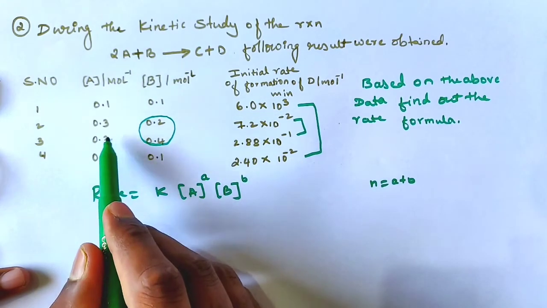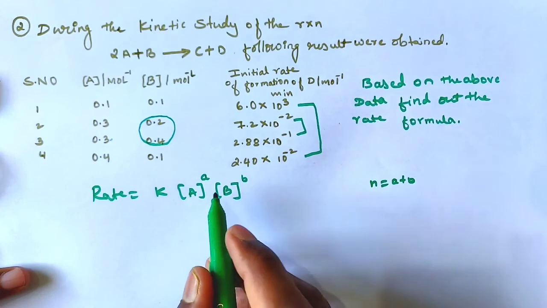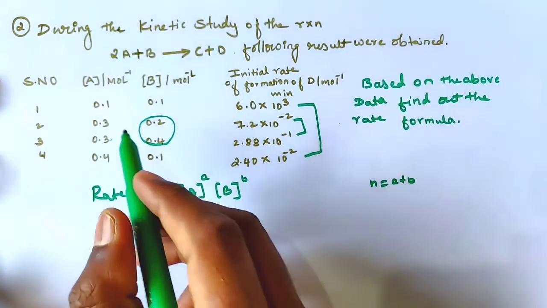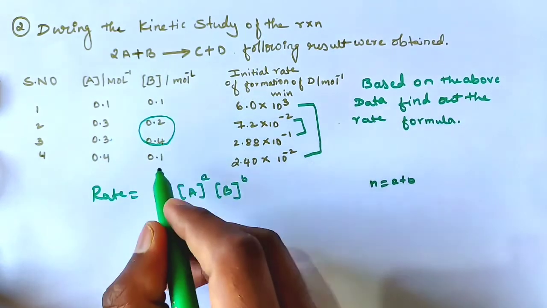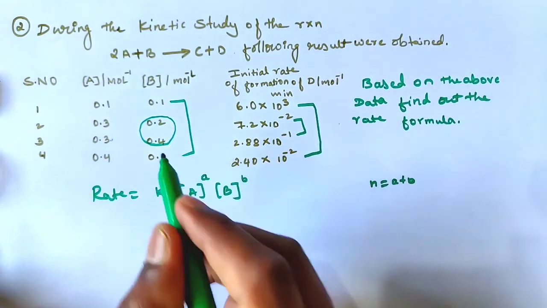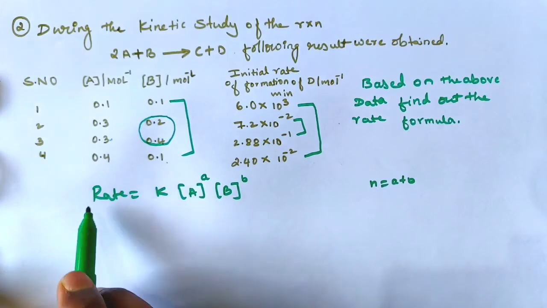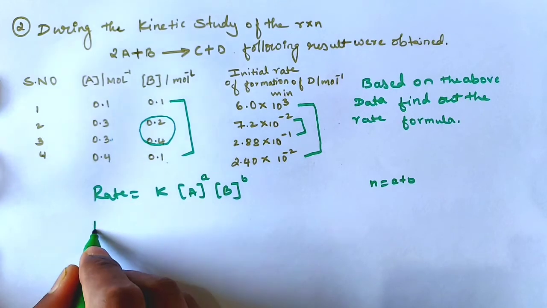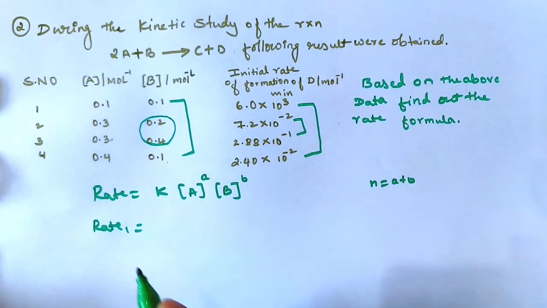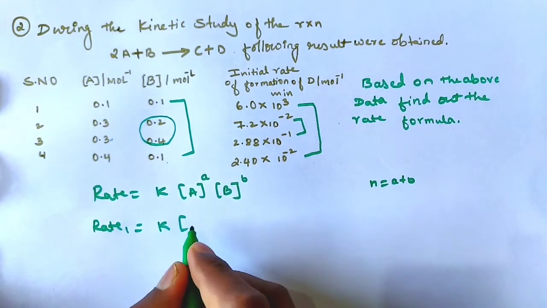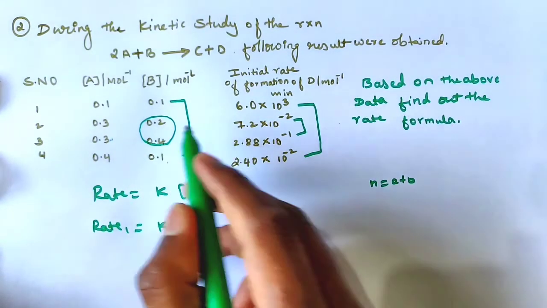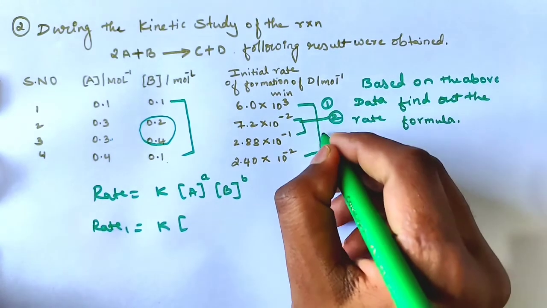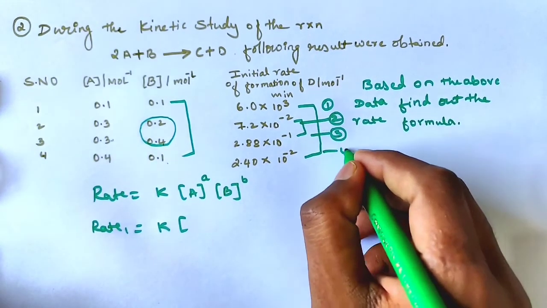So if you take second and third, we will be getting the value of b. When you are taking the first and fourth, for these two, the concentration of A we are going to measure. So rate 1 is equal to k into concentration of A. We are taking the second and third equations. Okay, so we can write here 2, 1, 3 and 4.